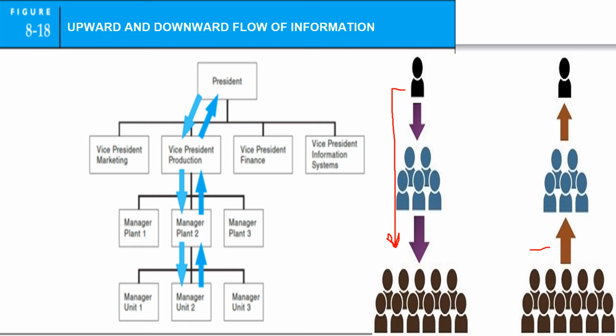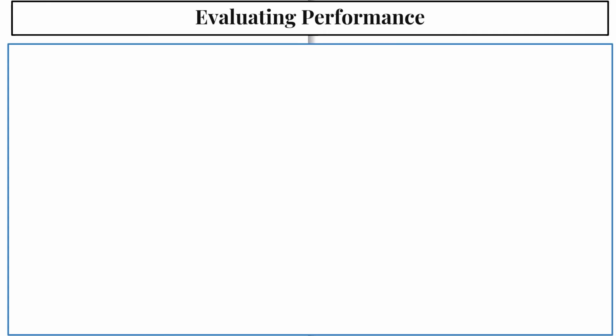The information from bottom to up is about reports about the performance, the evaluation of performance, or reporting the performance.